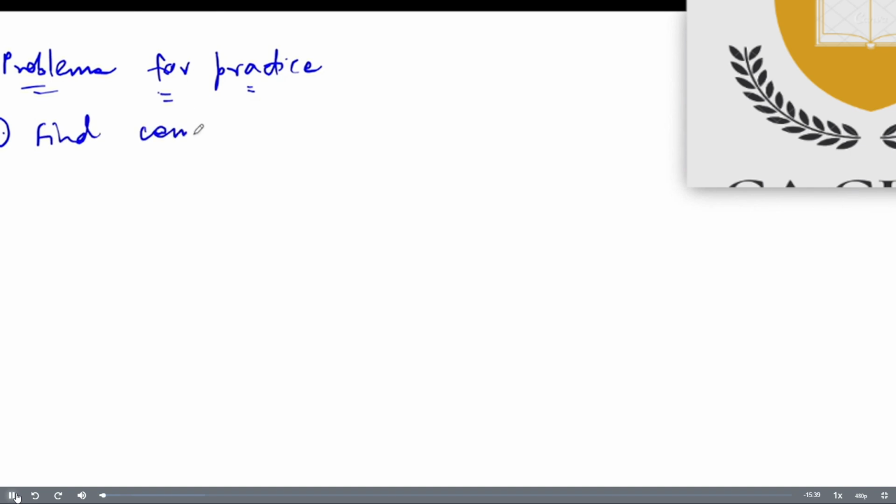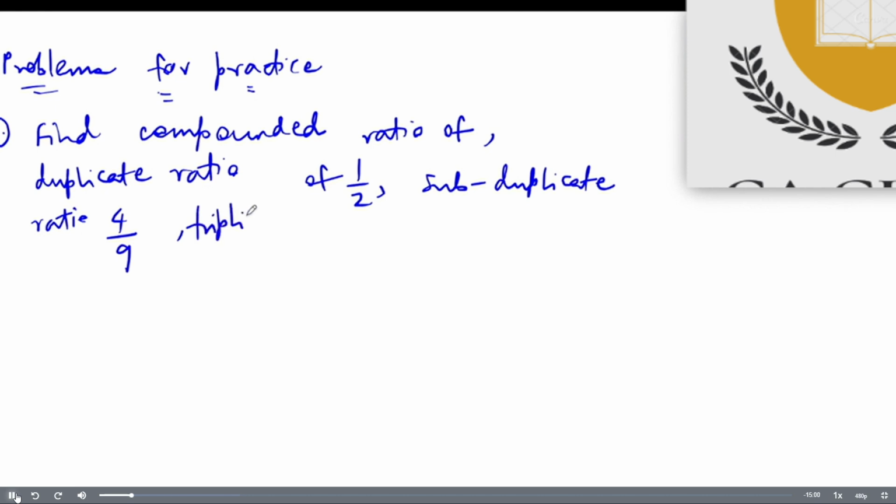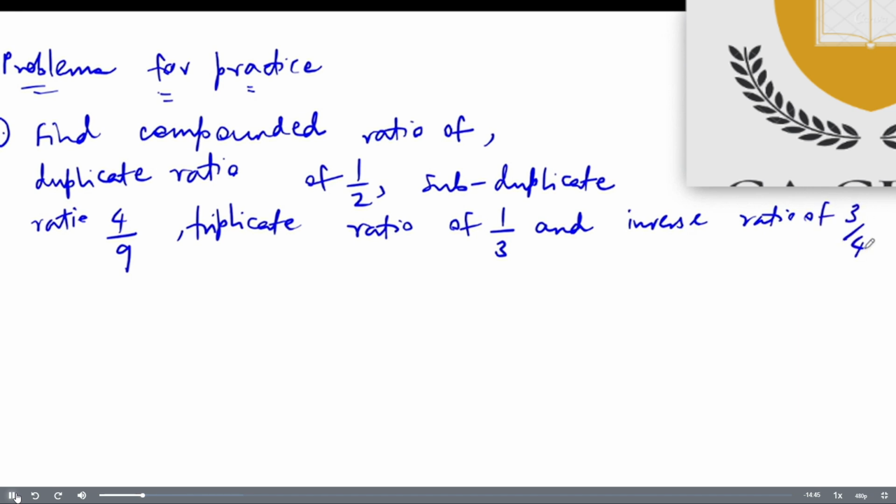Find the compounded ratio of duplicate ratio of half, subduplicate ratio of 4 by 9, triplicate ratio of 1 by 3, and inverse ratio of 3 by 4.